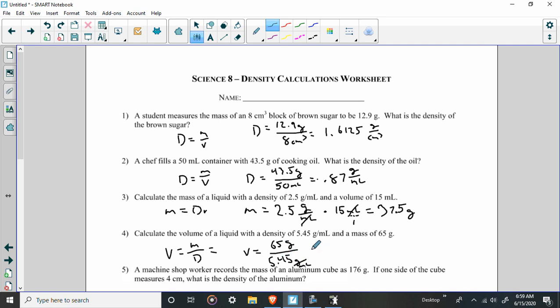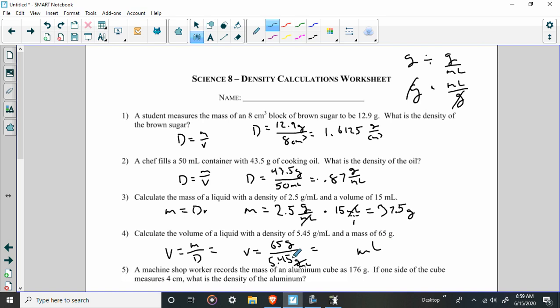Okay. Again, if you thought about just the units, right? This is grams divided by grams per milliliter, right? You keep, you change, you flip, right? So all you can be left with is milliliters as far as the units go.